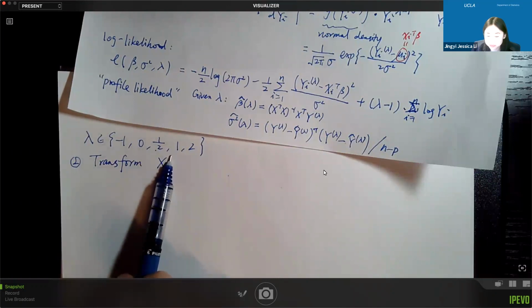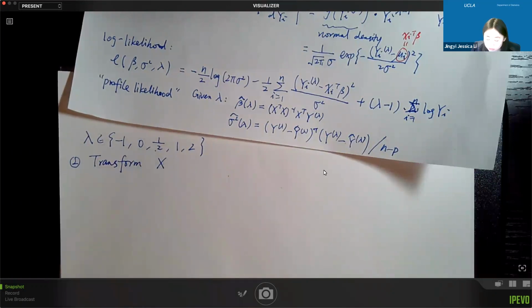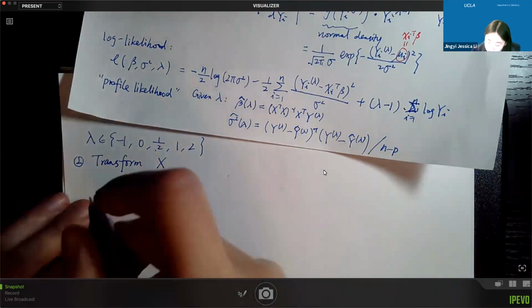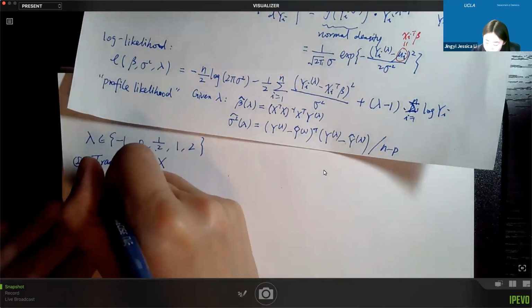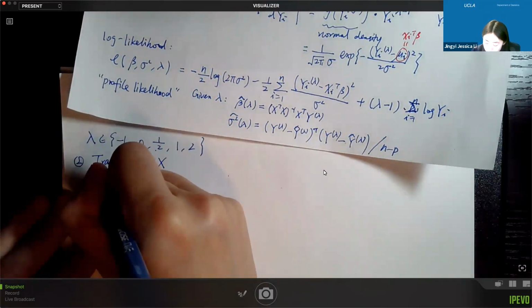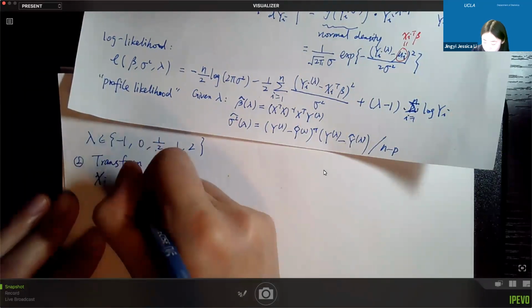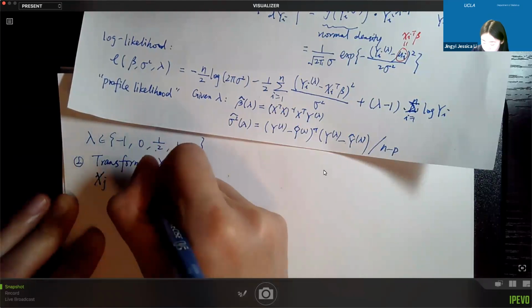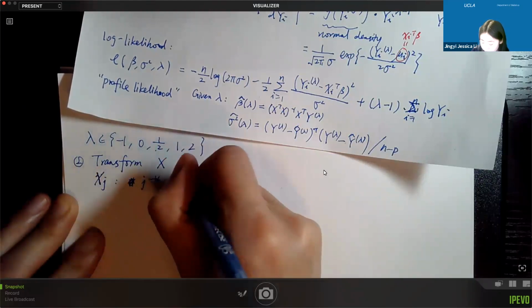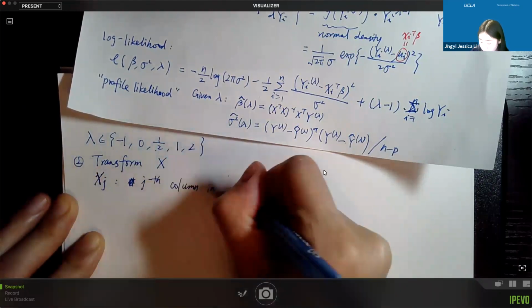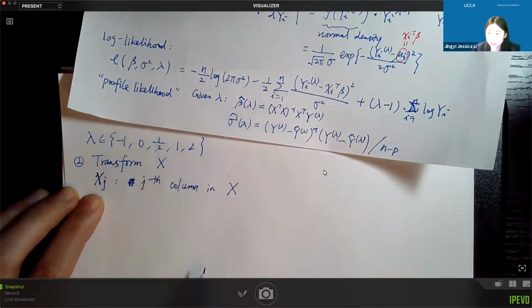But one thing to keep in mind is that when you do the transformation, you need to consider collinearity between your predictors. Because usually what you do is, instead of just using your original xj, let me call this xj the jth column in the design matrix. That's an n-dimensional vector xj.